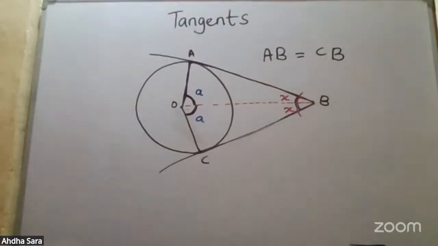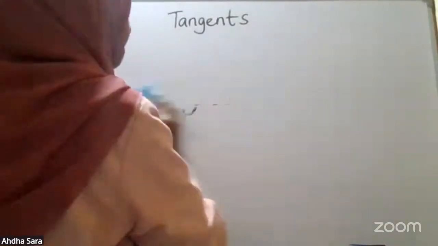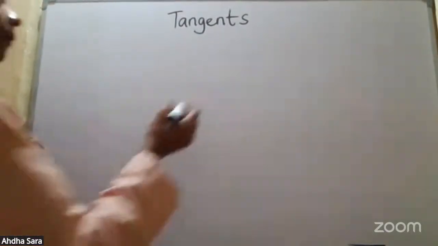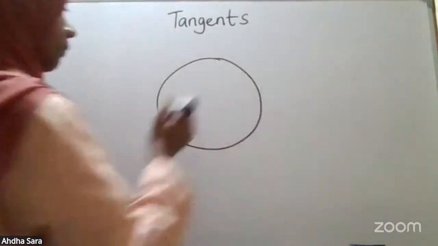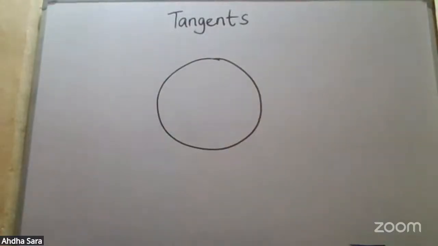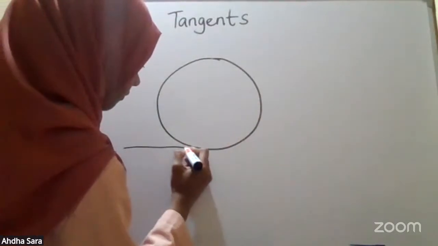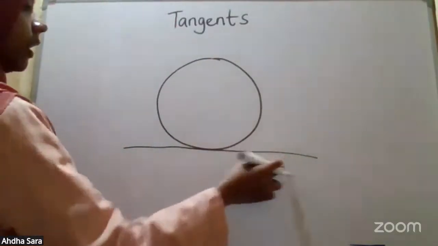And the last theorem you have is: you have a circle and you have a tangent.